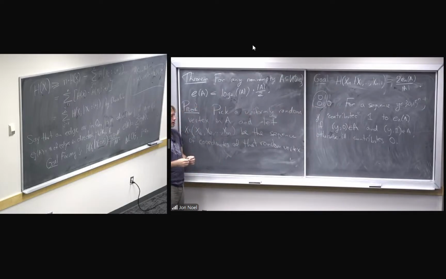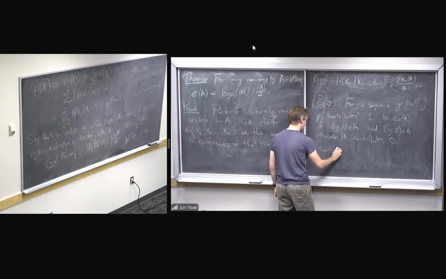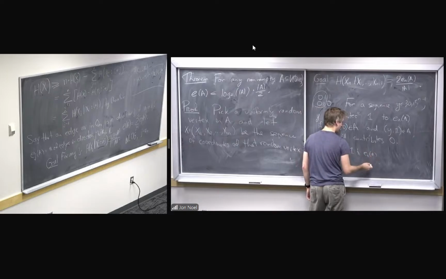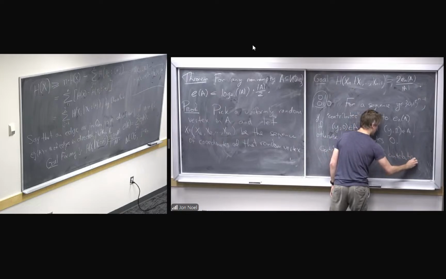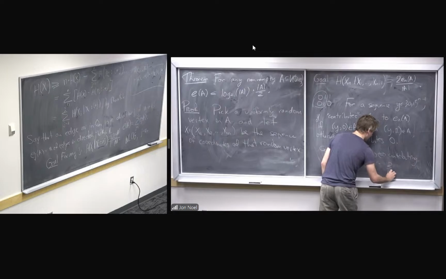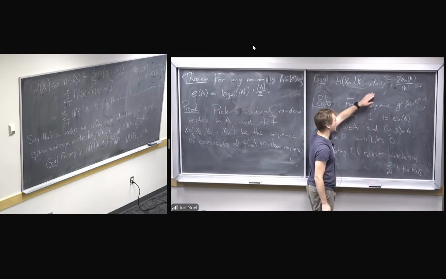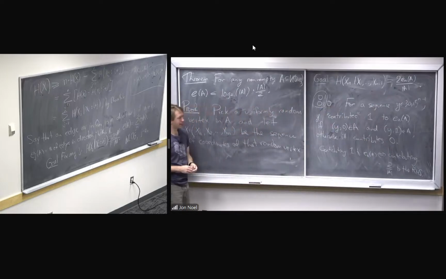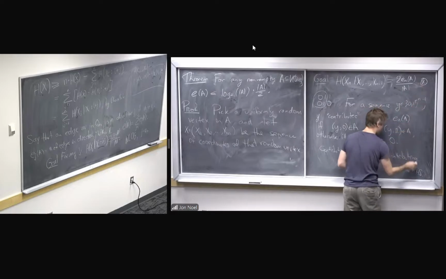And of course, contributing 1 to this edge count is the same thing as contributing 2 over size of A to the right-hand side of this equation I'm trying to prove. I'll give this a name, star. So the right-hand side of star.